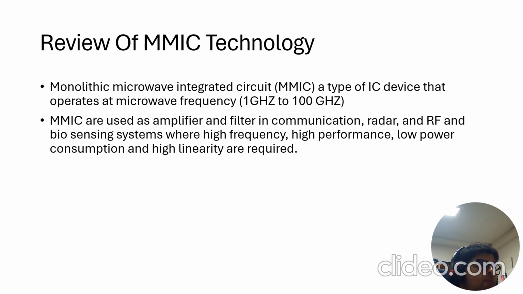MMICs are used as amplifiers and filters in communication, radar, RF and biosensing systems, with high frequency, high performance, low power consumption, and also highly demanding requirements. You can see that in radar and wireless communication, this MMIC is widely used.